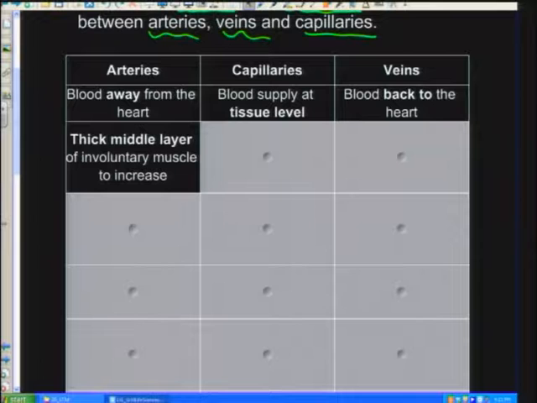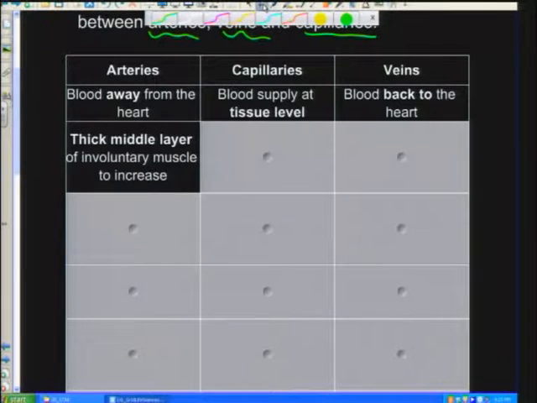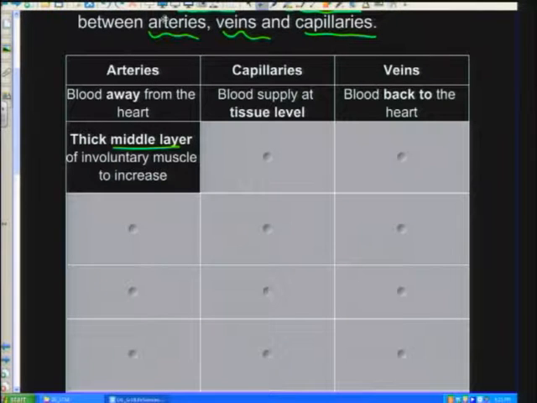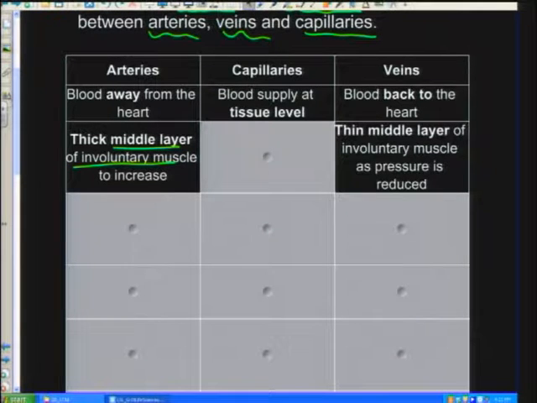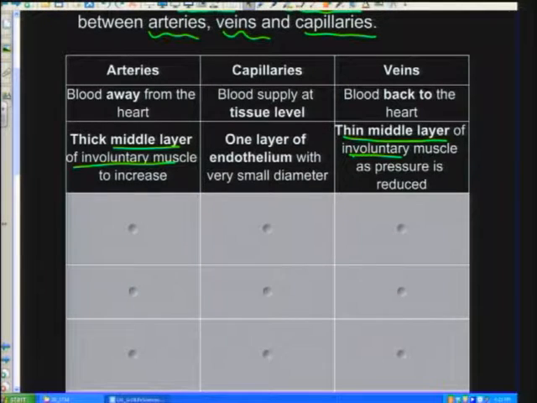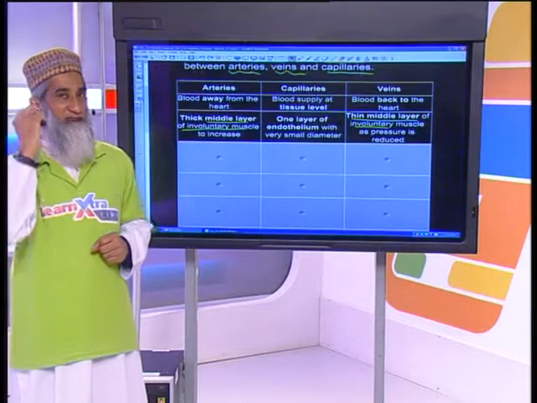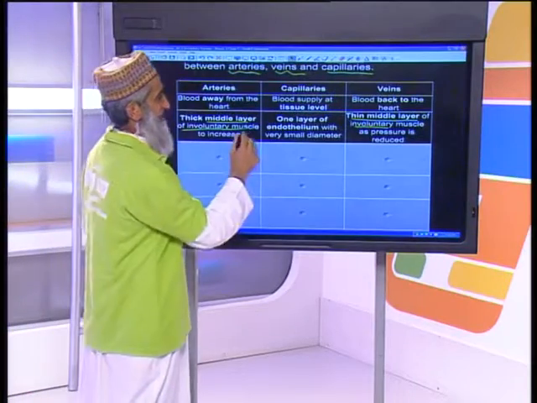Secondly, in terms of the structure, the arteries have a thick middle layer of involuntary muscles, whereas the veins have a thin muscle layer. And the capillaries, as we showed you in a diagram, don't have a middle layer. They have a single layer of endothelium tissue.